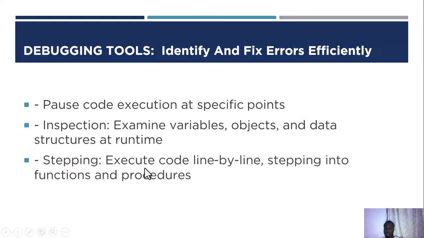Stepping executes code line by line, stepping into functions and procedures. So the stepping executes the code from one line to another line, from one line to another line. It doesn't start from here; it jumps to here and then jumps to here, according to how you have written the code.